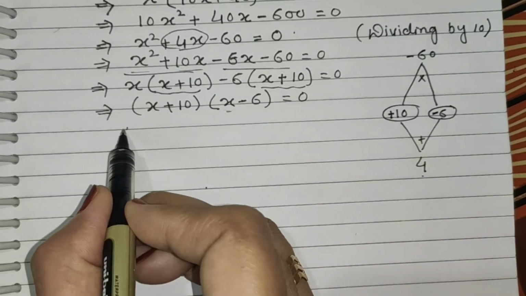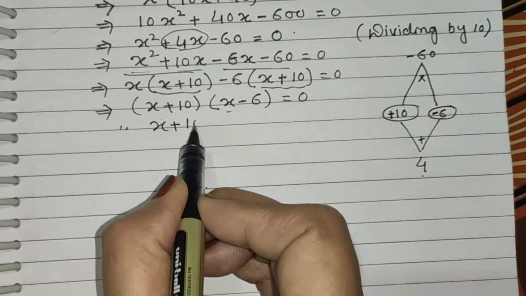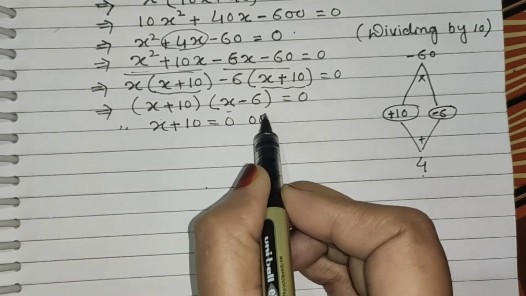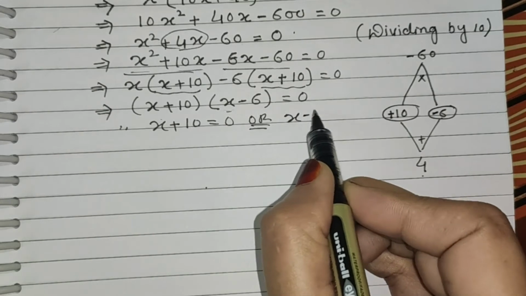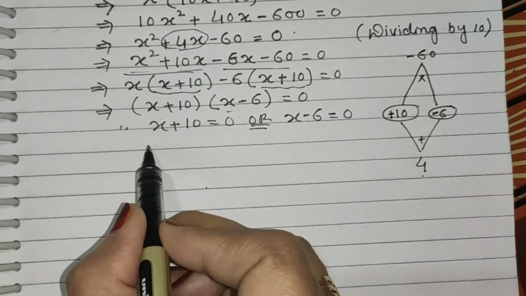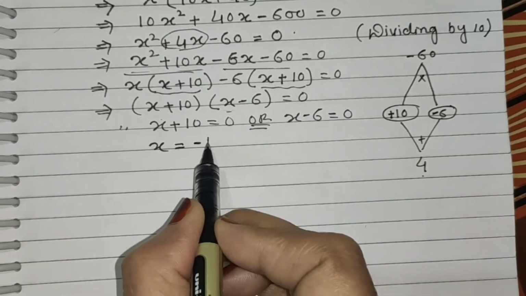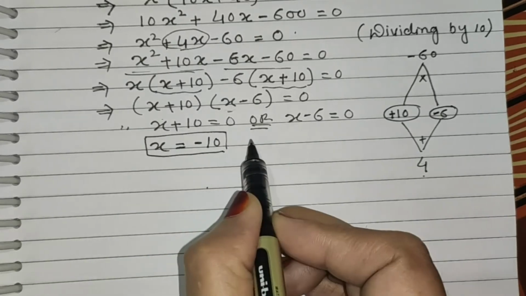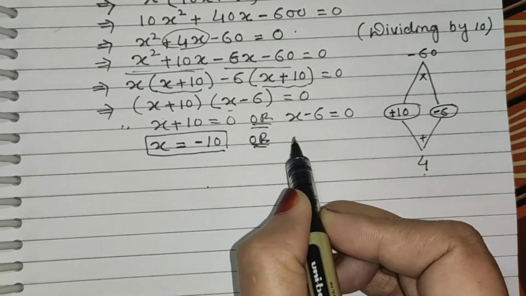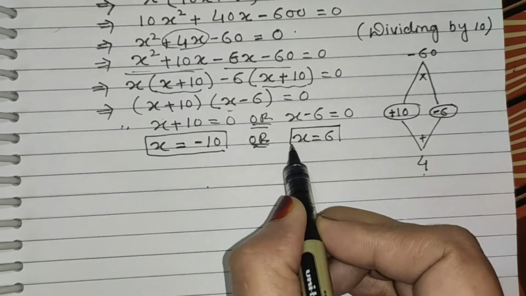Either the first bracket is 0, therefore we can write here x plus 10 is equal to 0, or the second one is 0, means x minus 6 is equal to 0. Now the value of x is equal to minus 10, or the second value x is equal to 6.